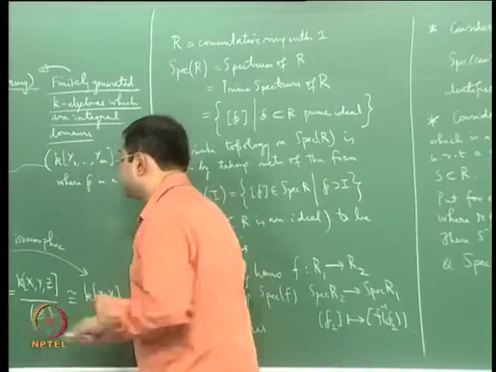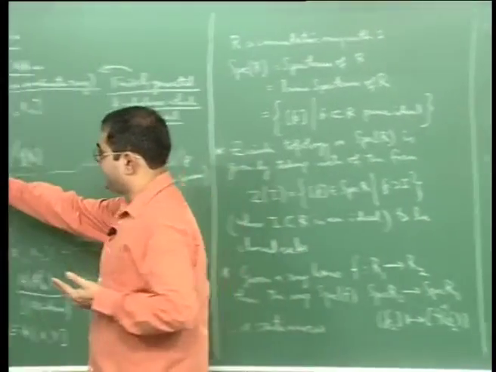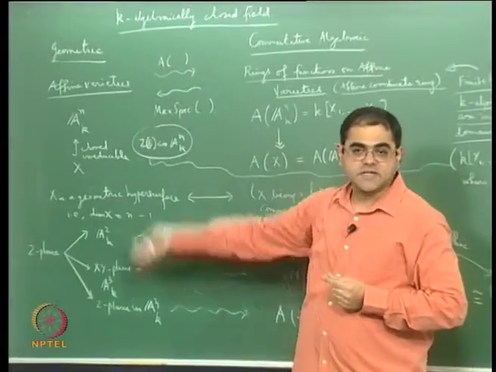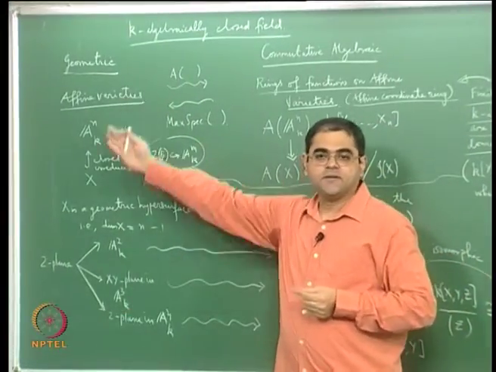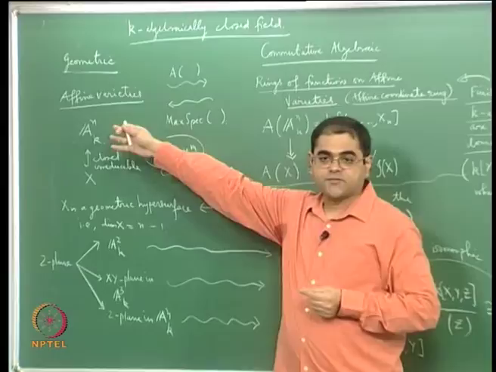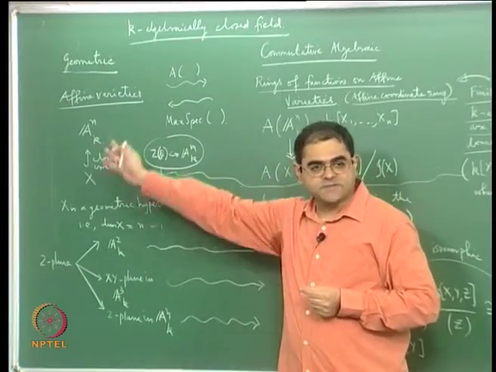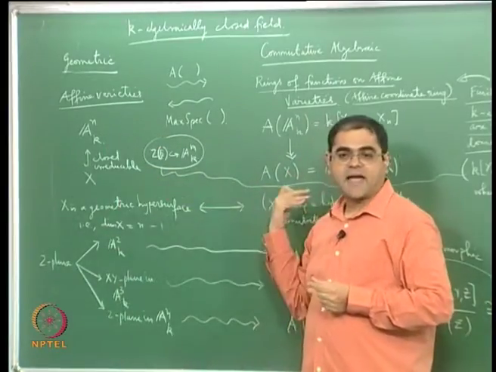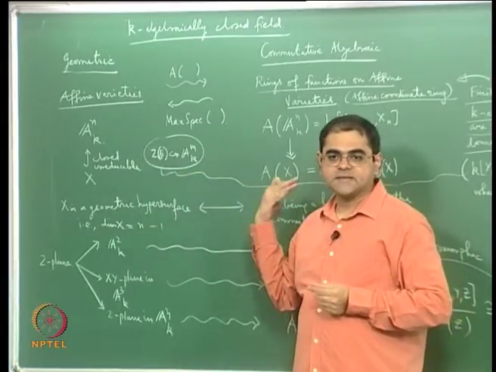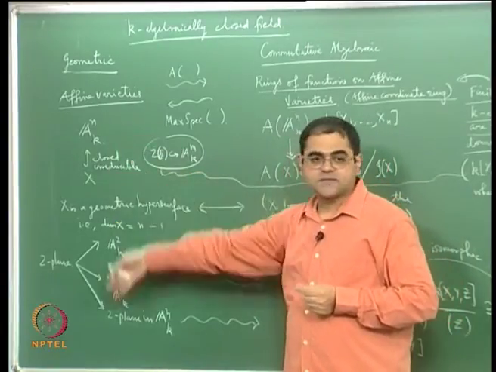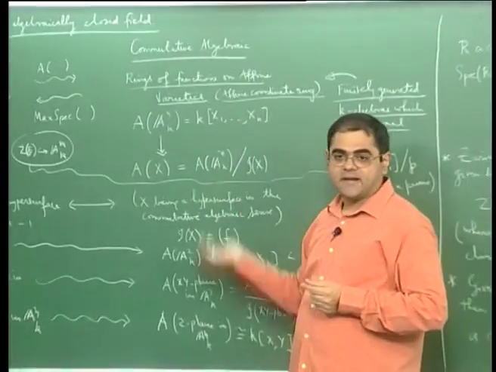So the fact is that just like in the usual algebraic geometry, when we first started out, on this side we put affine space, and then we put closed subsets of affine space, and then we had an arrow reversing equivalence that went from closed subsets here to radical ideals on this side.